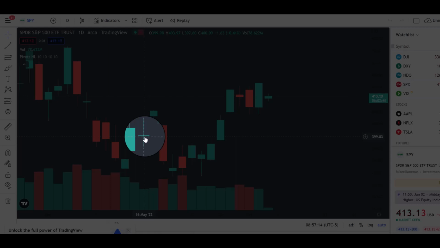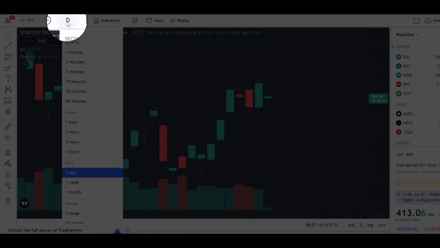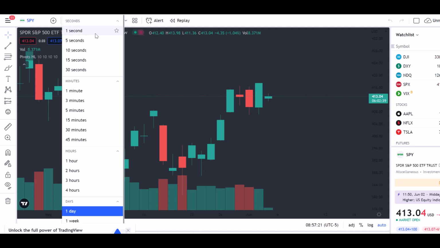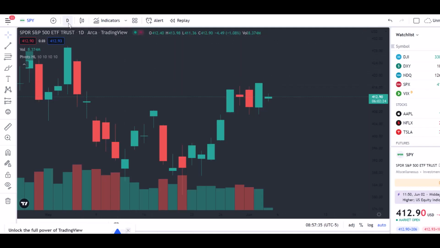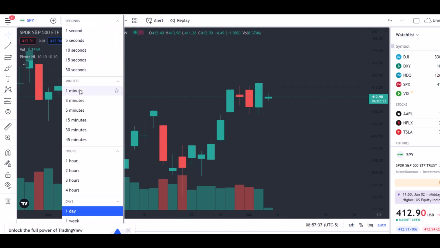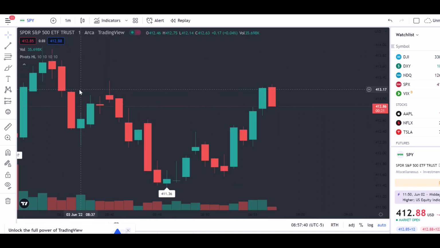Now, taking this a step further, we can change the time period for each candle all the way down to 1 second. Now, TradingView does allow you to do this, which is pretty interesting, but as I will show you, second by second needs to be on the premium plan. The lowest you can go with a non-paid account is actually in the minute charts, which for most people is more than enough.